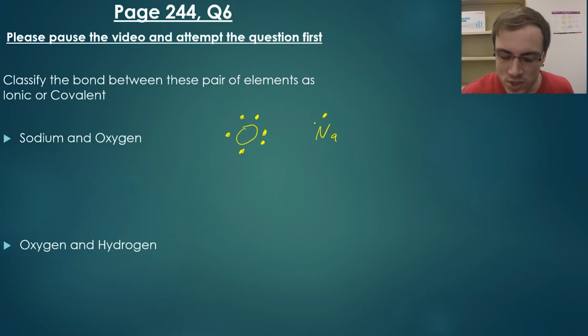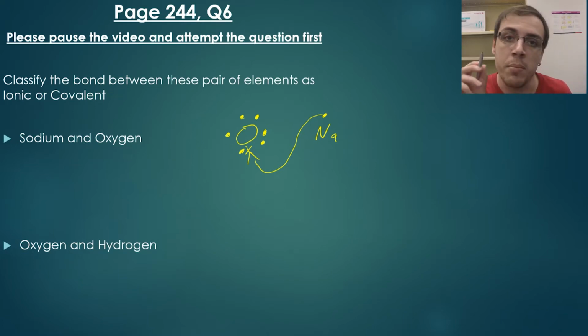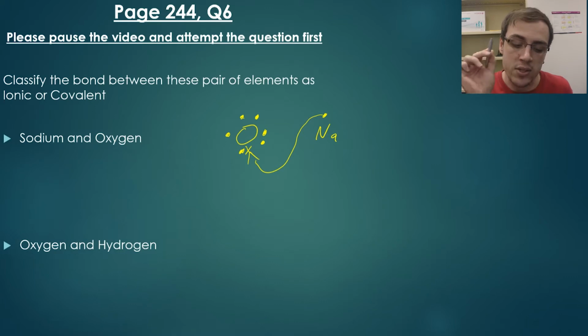The answer, of course, is for sodium to just cut its losses and donate that electron to oxygen. Because sodium donates this electron over to oxygen, oxygen will have another electron here. Of course, this will require 2 sodiums, because oxygen needs 2 electrons to become stable, remembering the octet rule: it must have 8 electrons in its outermost shell.